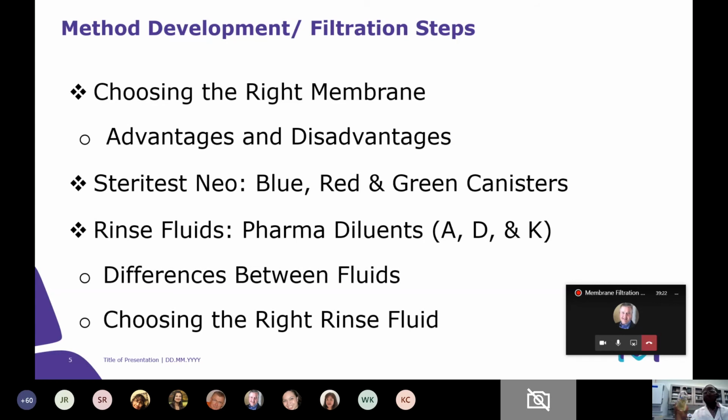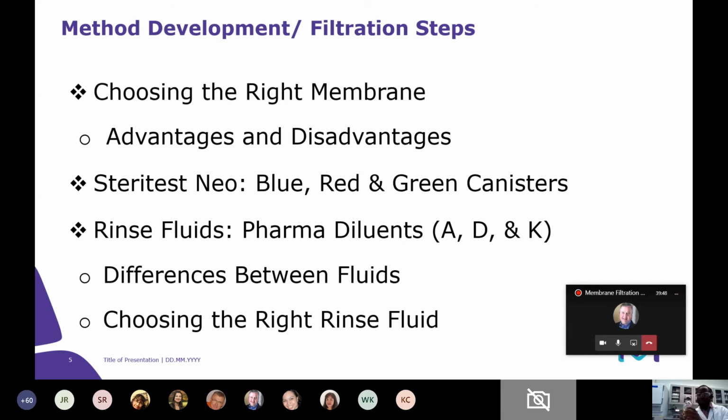Then we have fluid K, which also has the beef extract and polysorbate 80 added to it, which is the recommended fluid to use for oily products, greasy products. You can use them by themselves. You can use them in combination as well.